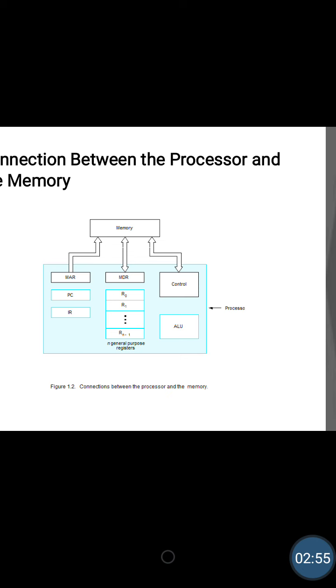Okay. So MAR is what? Memory address register. MDR is what? Memory data register. So memory and processor, as I told, can communicate directly only through MAR, MDR and control unit. Now we have to look at how a program is executed.